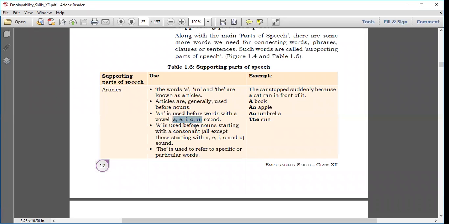And a is used before a noun starting with a consonant. Consonants are all the alphabets except your vowel sounds. vowels को छोड़ के जो बाकी हैं सब consonants हैं, तो वहाँ पे a लगाएंगे. The is used for a specific word or a particular word, ठीक है?